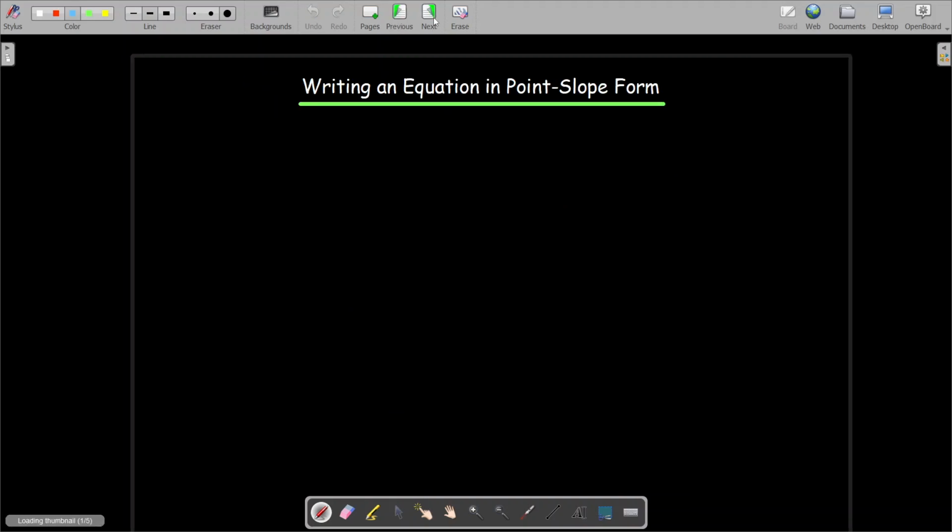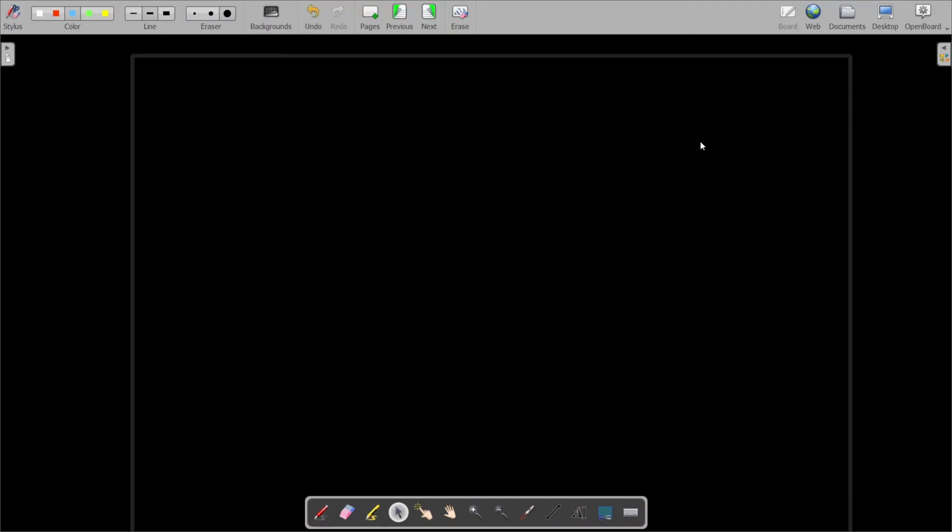Now let's talk about perpendicular lines. The slopes of perpendicular lines, and I'm going to use a shorthand symbol for perpendicular, this one, the slopes of perpendicular lines are opposite. So they are opposite and reciprocal of each other.